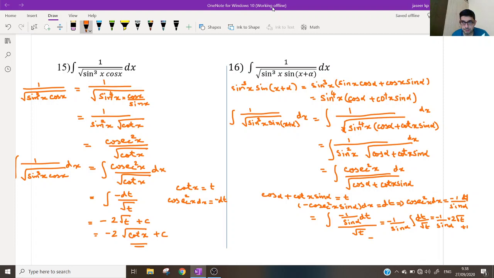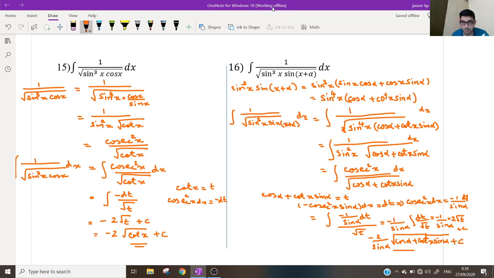So now we can do the substitution for t. So it will become minus 2 by sine alpha under root cos alpha plus cot x sine alpha, plus c.